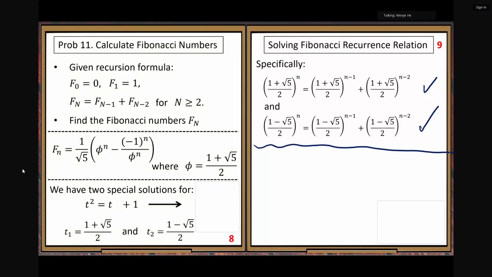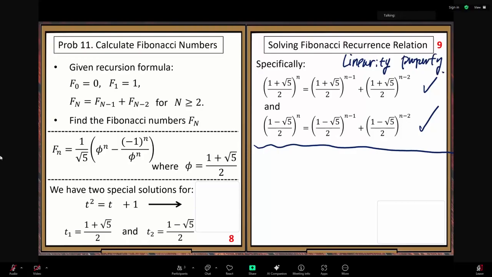So it has the property we call the linearity property. Let me use a few words to give you the idea. How do we take advantage of this linearity property?